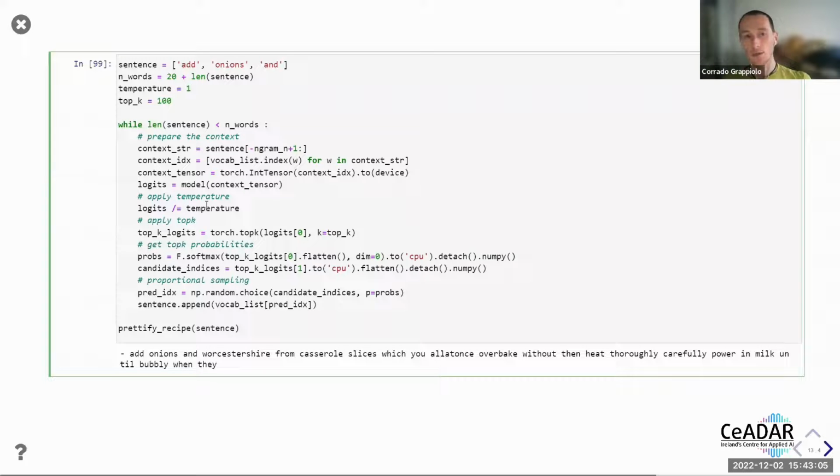So by increasing the temperature, we would give the sampling the chance to deviate slightly from greedy sampling, and still generate coherent recipes, but with some variability in there. Oh, I understand. Perfect. Thank you very much.